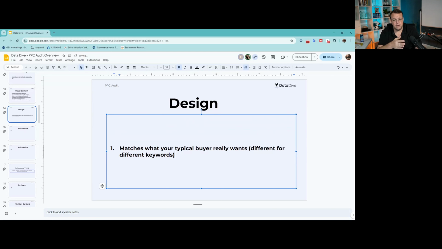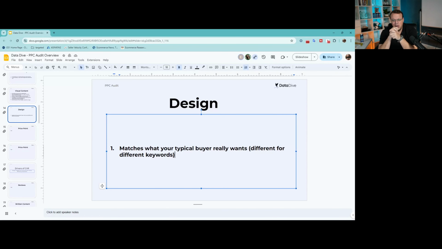So it's different for different keywords, though. So this is really important. You're going to have 6, 8, or 10 potential avatars, and the way they search will determine what they're looking for. So if someone searches for a keyword plus pink, or plus for girls, or plus for mom, more likely they want a pink one, for example, right?